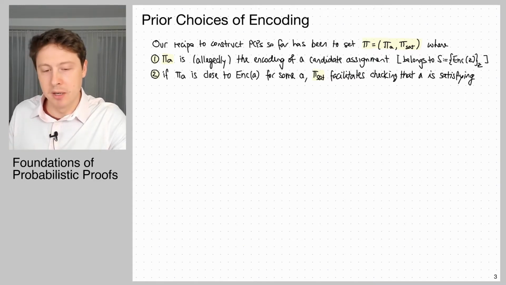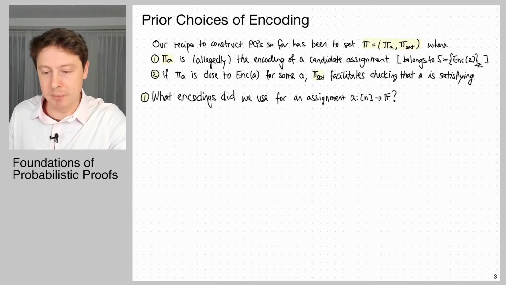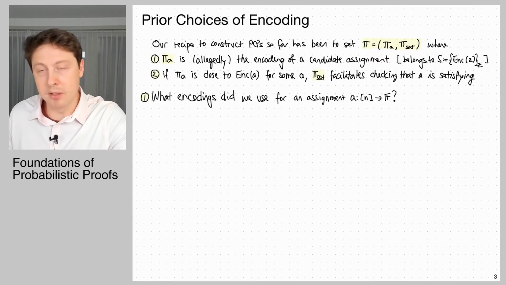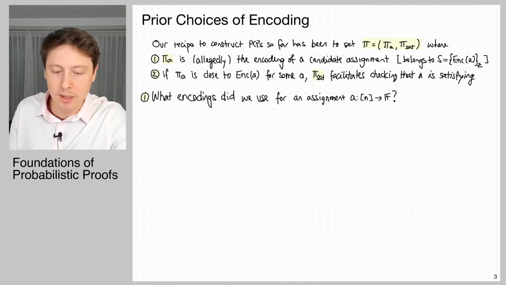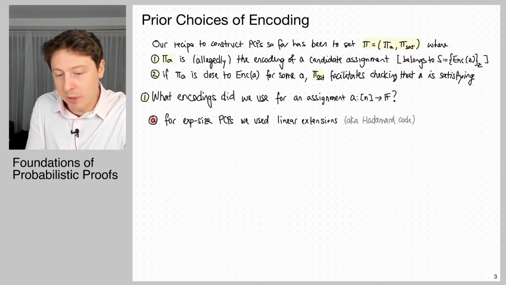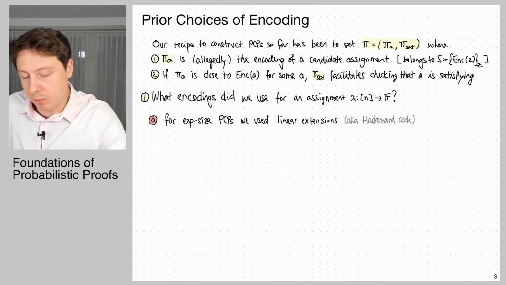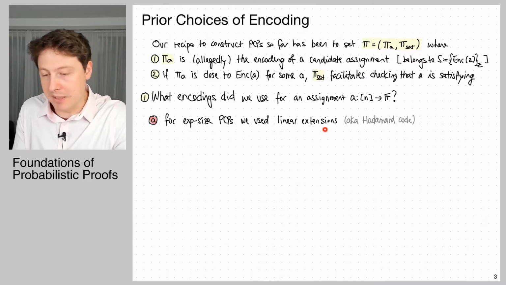And we did this several times. So we could ask, what encodings did we use for some assignment? In all cases, we had some assignment that we were encoding, maybe polynomial size or exponential size or whatever. For exponential size PCPs, we used what we didn't really call by this name, but we can think about as linear extensions.